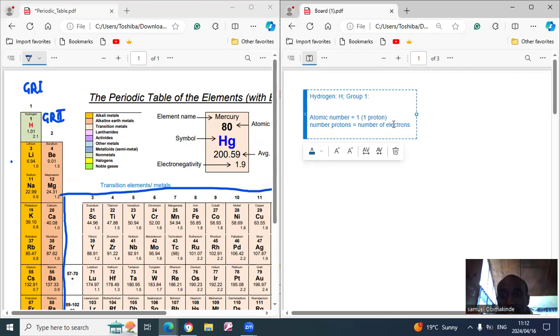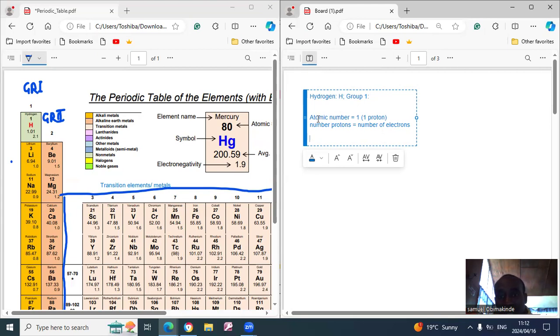Another thing that you should remember based on our last discussion is that protons are positively charged, electrons are negatively charged, and neutrons are neutral. They don't have any charge.